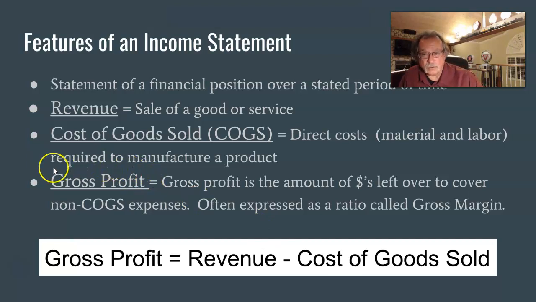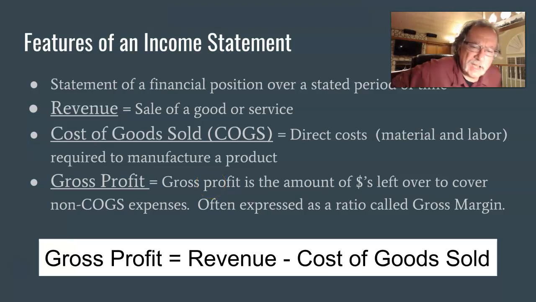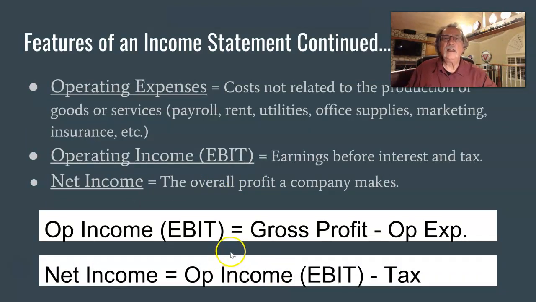And so investors look at gross profit. In the startup company that I'm working with, I have a line item that I show year by year what the gross profit of the company is. It's an important item for companies. Now you have things like operating expenses.